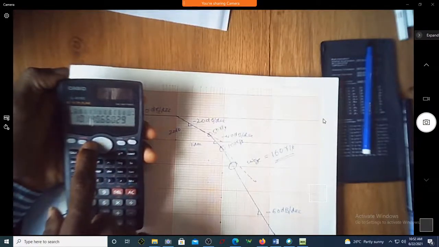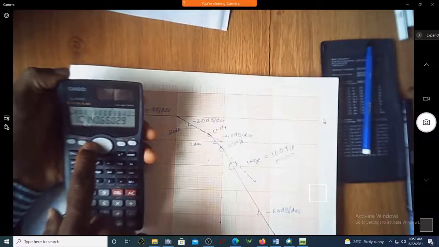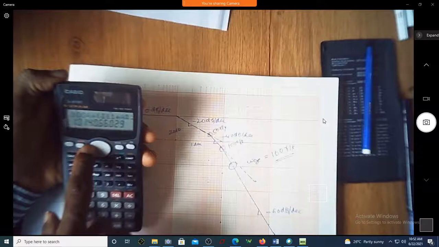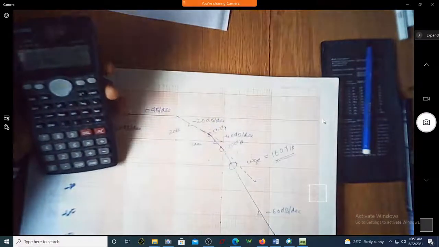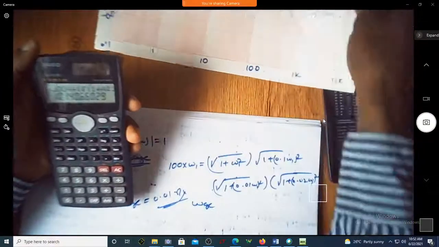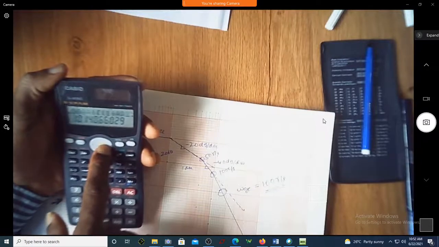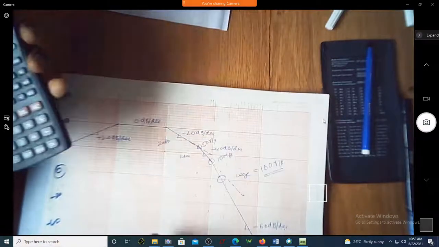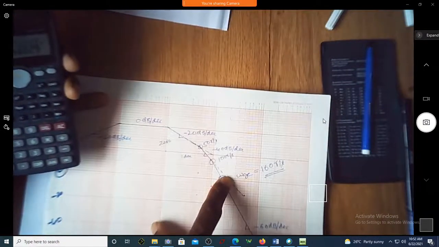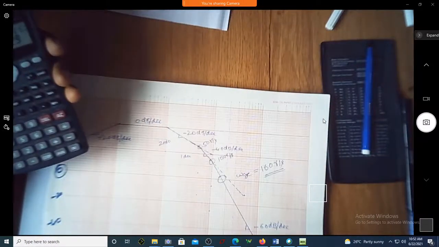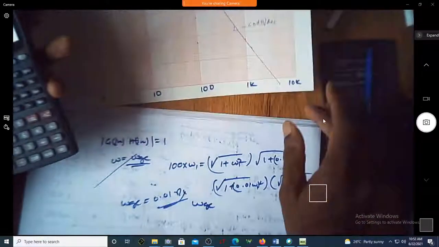Okay, I don't know where I went wrong. Just ensure that this is 100A, that's what you have, 100A divided by so on. Maybe some parenthesis issue may be there. Otherwise, this is okay. So what we'll do now is, let me try to find out at omega PC, how much is omega PC?